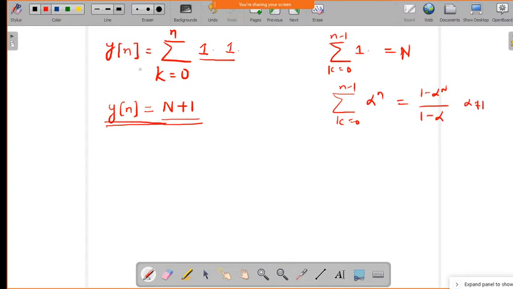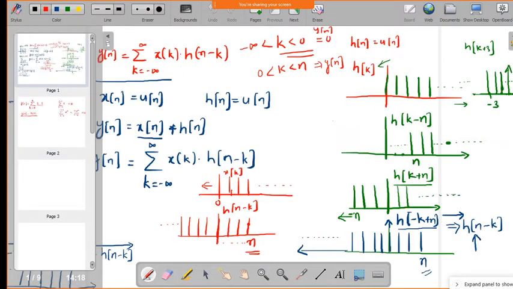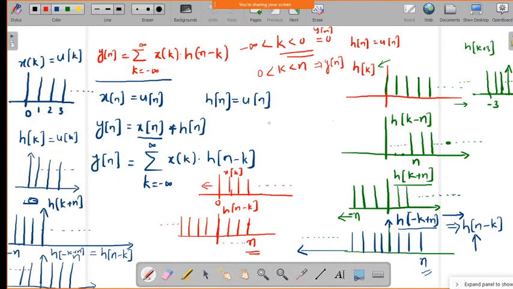Is it understood? Hello, any doubt? How to take the sequence, from where to where exactly, or any doubt in this? Hello, Gaganashri, have you understood? Okay, Janavi, hello.